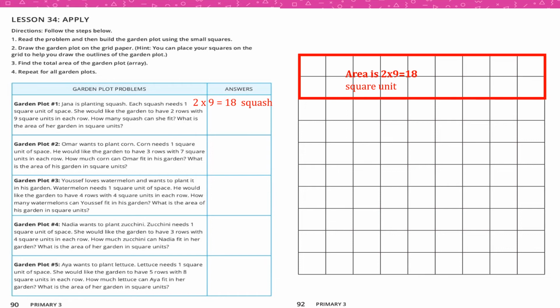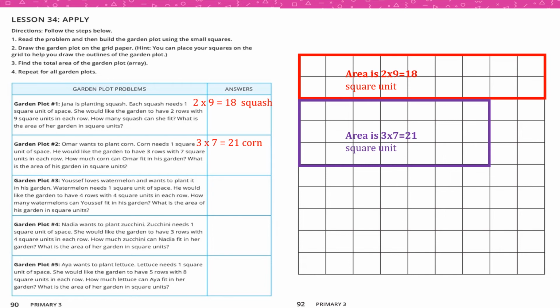So 3 rows with 7 square units means 3 times 7 equals 21. Let's draw them. We have 3 rows here. Each row contains 7 square units. So the total area is 3 times 7 equals 21 square units.